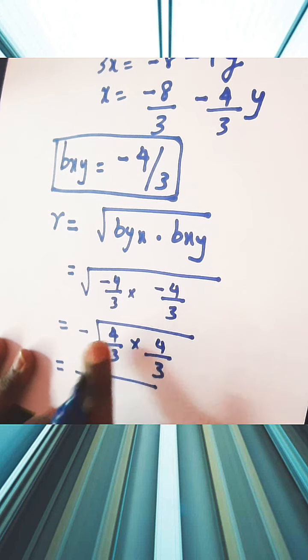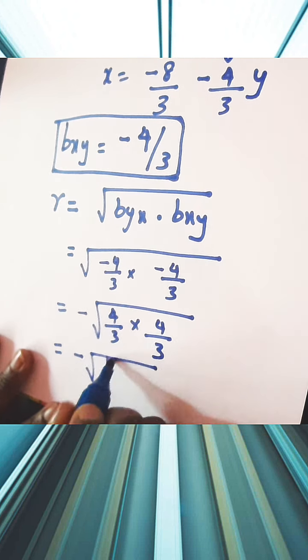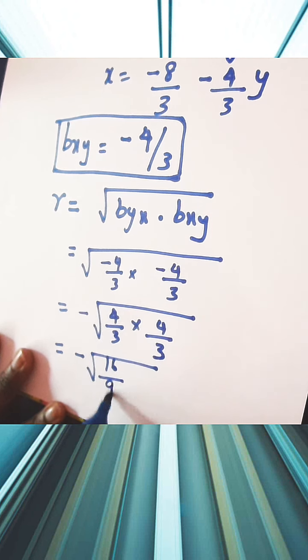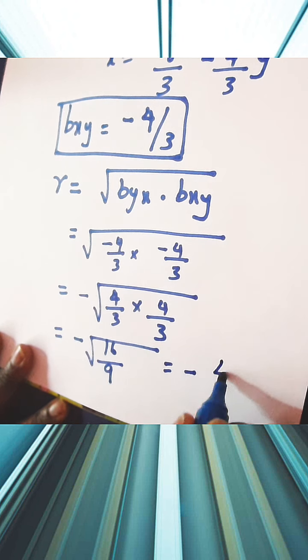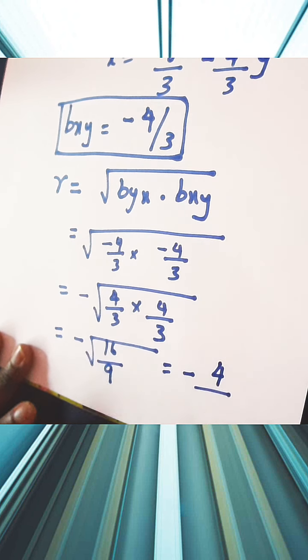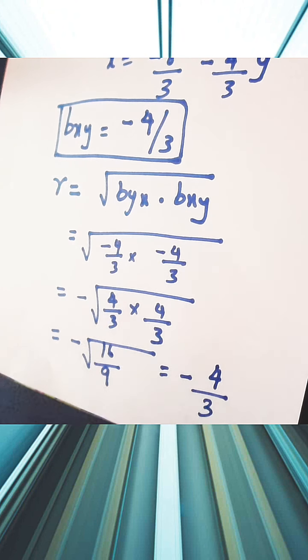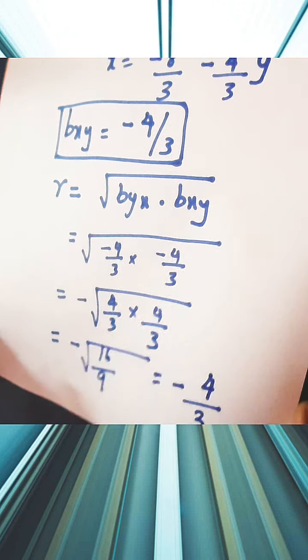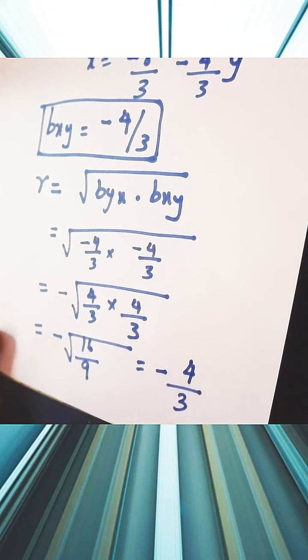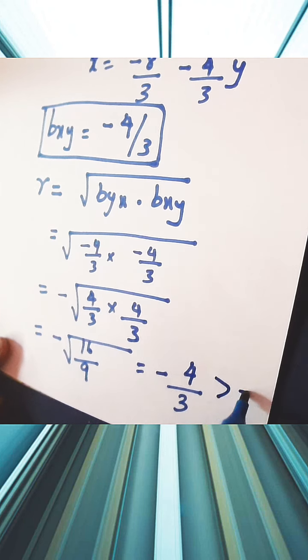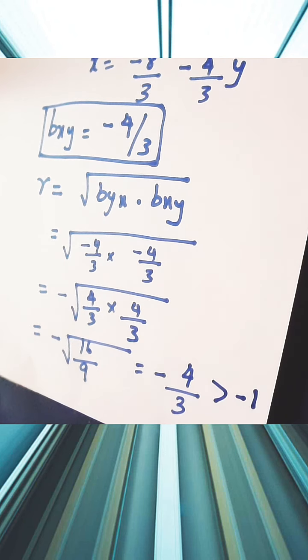Minus square root of, 4 fours are 16, 16 divided by 3 threes are 9, which is equal to minus, square root of 16 is 4, divided by square root of 9, which is 3. Minus 4 by 3. Is it greater than 1 or less than 1, students? It is greater than negative 1 in magnitude.